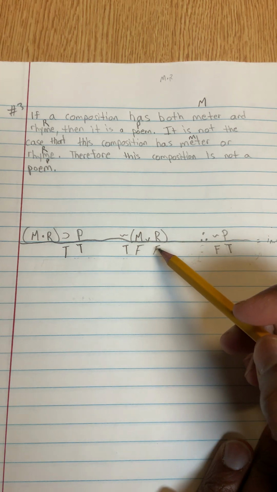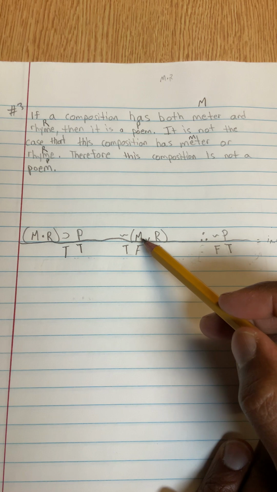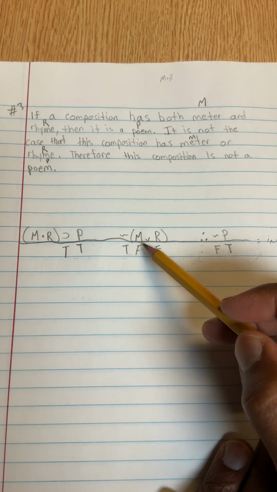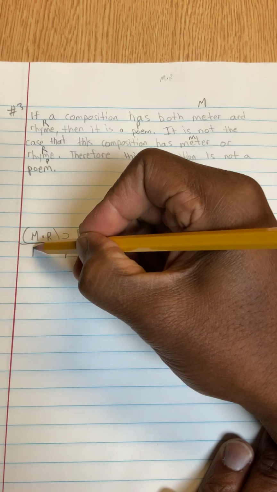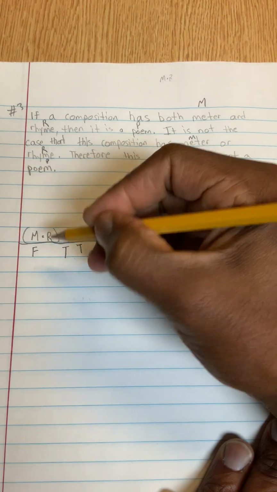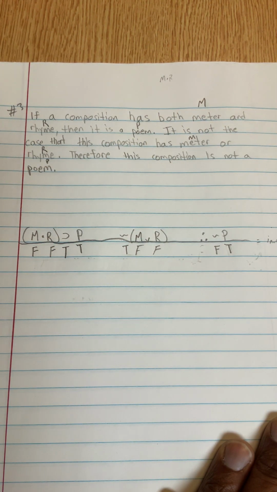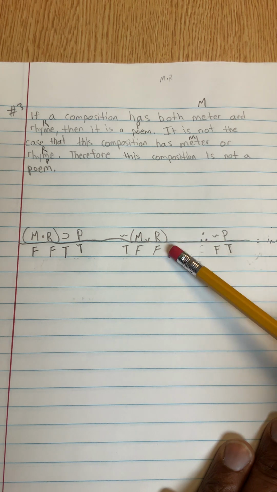Okay? And if I know that M is false here, M is false there. If I know that R is false here, R is false there. All right, I've filled in what I need to know.